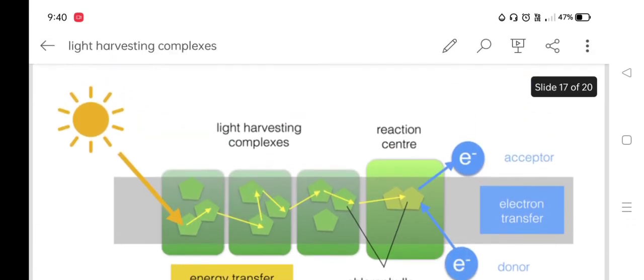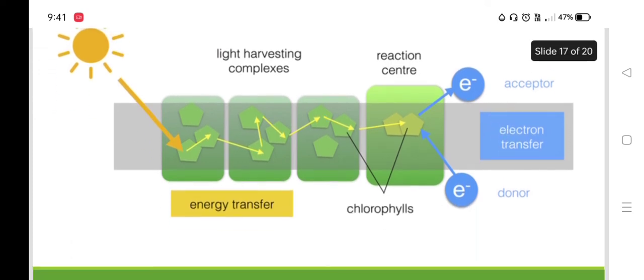Here you can see that the sun, which is a non-renewable source of energy, when it emits light, it gets trapped by an antenna pigment molecule. Then they transfer the energy by the process of inductive resonance to the chlorophyll A molecule, which is the reaction center. Then this reaction center gets excited and transfers the electron.